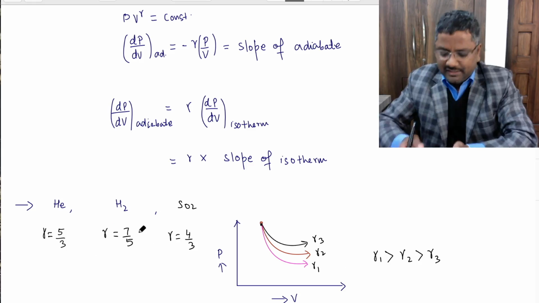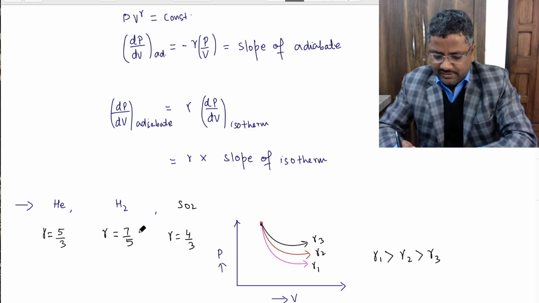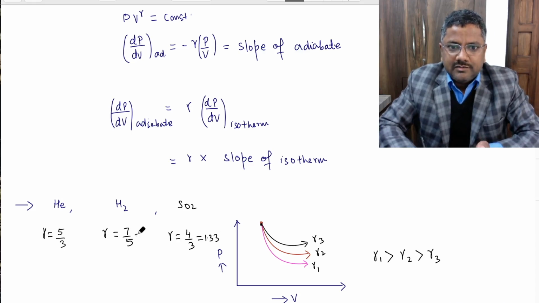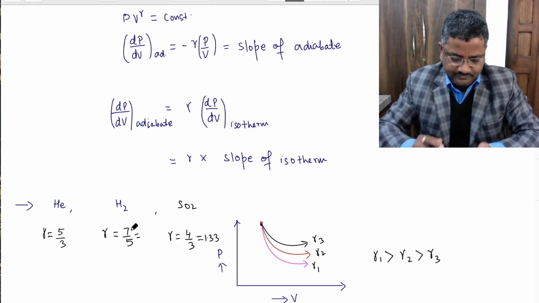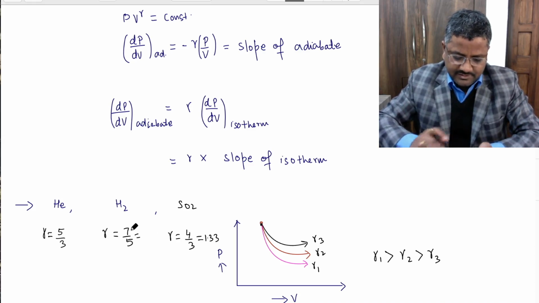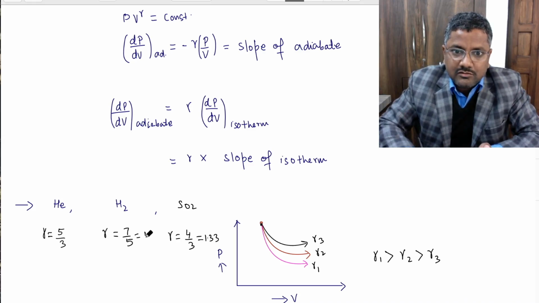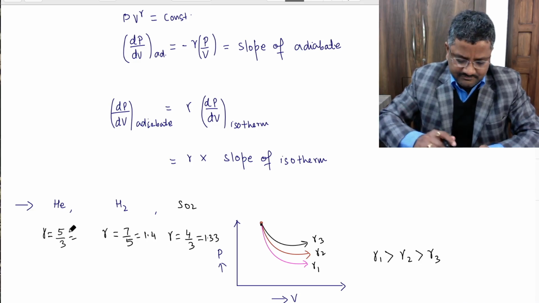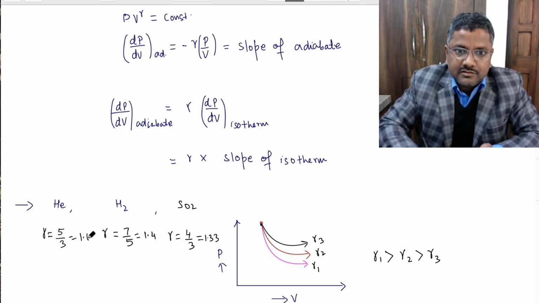This is 4 by 3, which is equal to 1.33. This is 1.33, and 7 by 5, 7 divided by 5, is 1.4, and this is 5 by 3, 1.66.